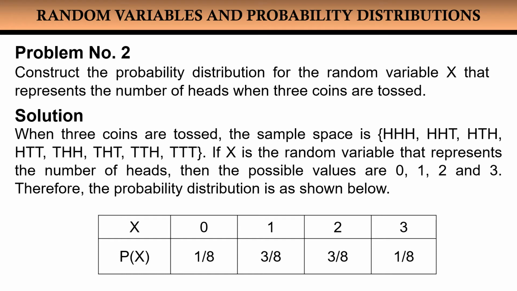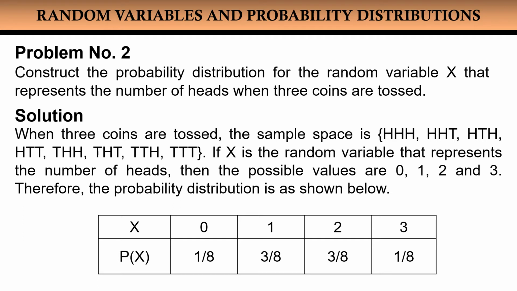So, ano yung corresponding probabilities? So, the probability of x equals 0, meaning 0 head, is yung tail, tail, tail, 1 out of 8. And the probability of getting 1, meaning 1 head. So we have tail, tail, head, tail, and head, tail, tail. So there are 3 out of 8. So ang probability niya, 3/8. And the probability of getting x equals 2, meaning 2 heads.